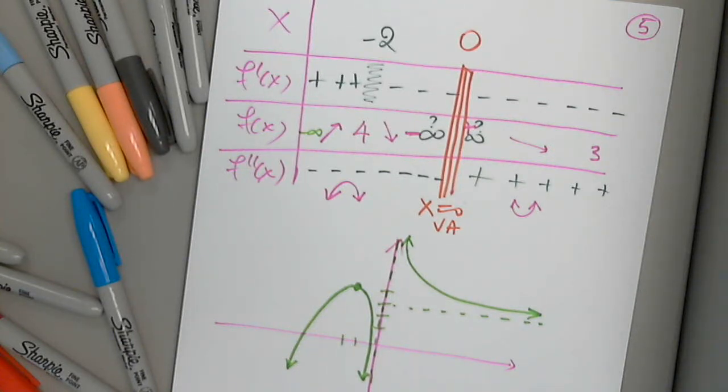Any questions? Yes, Vanessa, please. I'm not really sure how you got 3. Oh, I just made it up. You can put 0, and then your horizontal asymptote would be this. Or you can say, I don't want to put anything. That's fine.